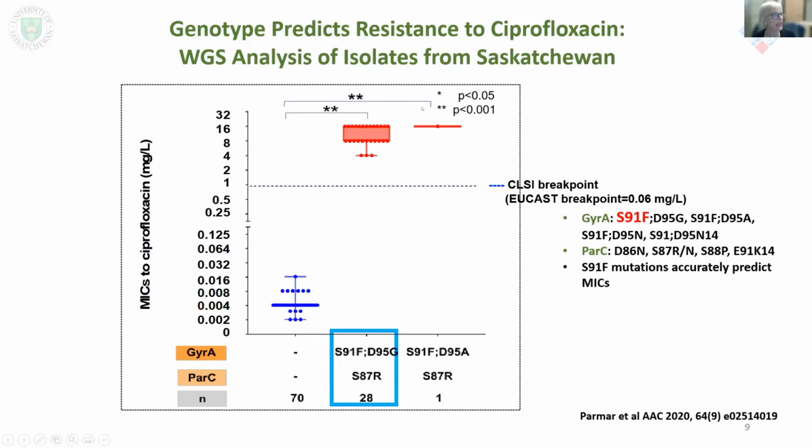Looking at the MICs in comparison with mutations in these various genes that contribute to ciprofloxacin resistance, there is a highly susceptible population, and this would be diagnostic. So this would be a wild type allele. This is a complex resistance allele, but this determinant S91F is predictive of MICs of 0.125 milligrams per liter and up.